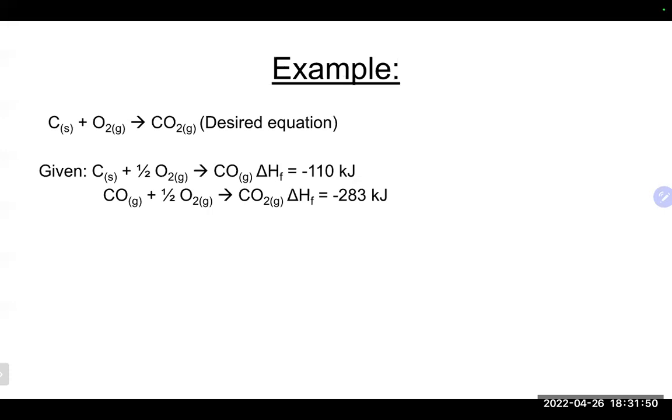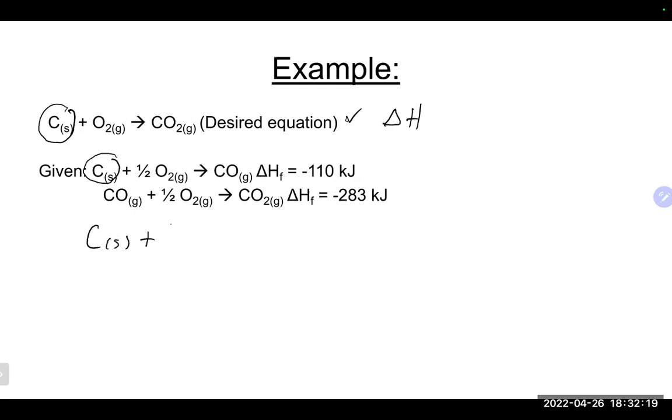All right, so if we look at this reaction here, our desired equation is the one on top, and we're really looking for the delta H value for this. So again here, what we would want to do is keep everybody on the correct sides and see what we need to do. So if we look here, we do have a carbon, and this is the only reaction that has a carbon, and it's actually on the correct side in this particular case, so that's not too bad.